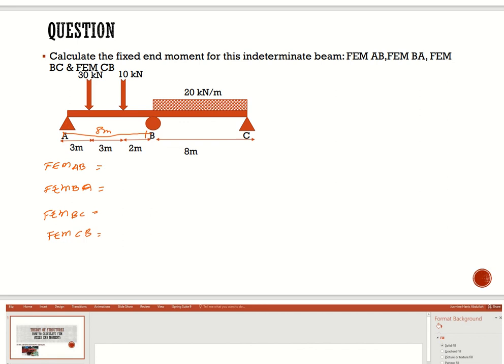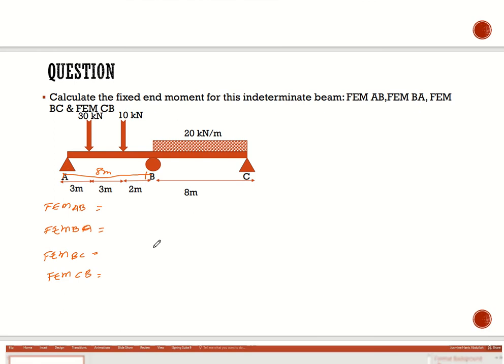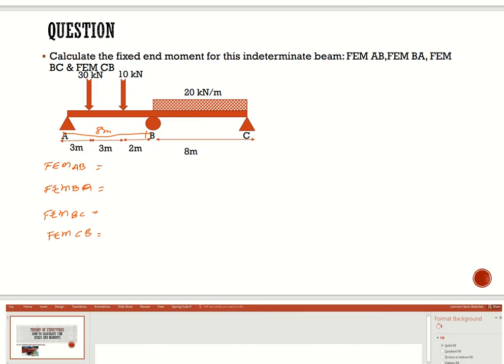So we're gonna use 2 times formula, which is what formula? The second formula, because the point load is not subjected at the middle of the beam. So we have to use negative P1 times A1 times B1 square divided by L square.